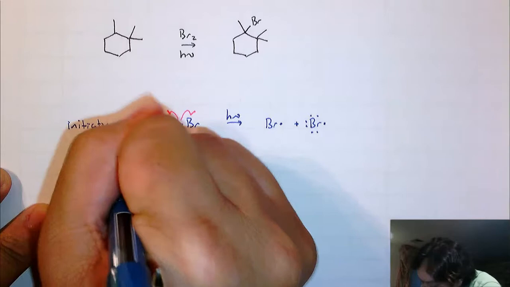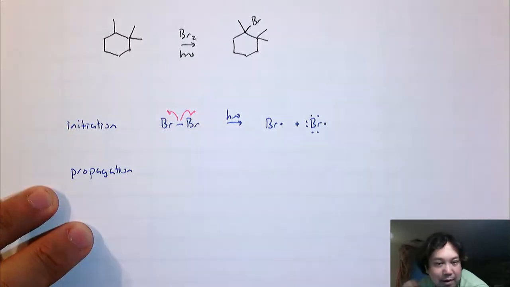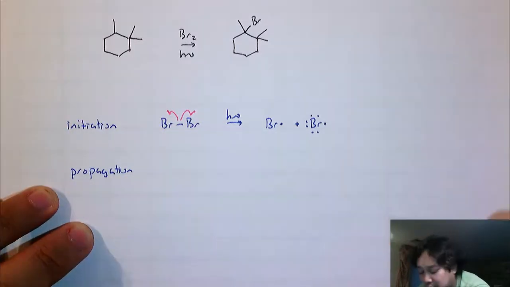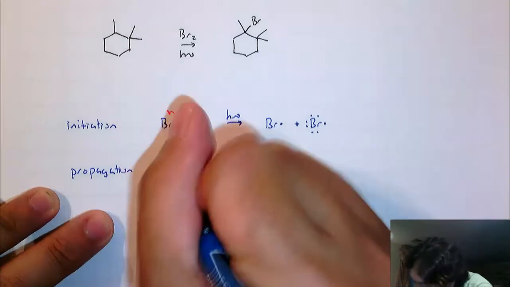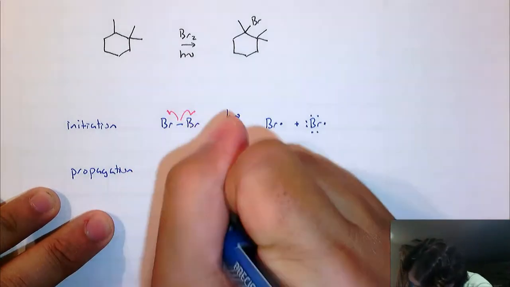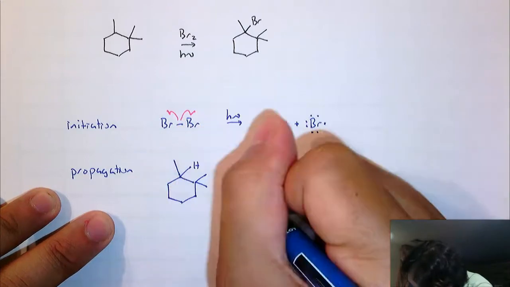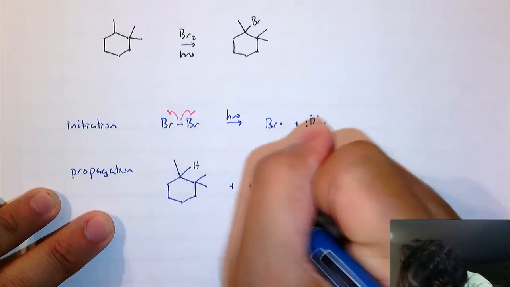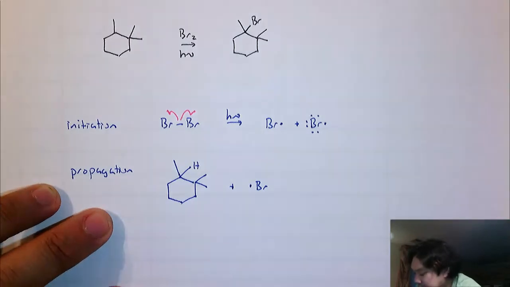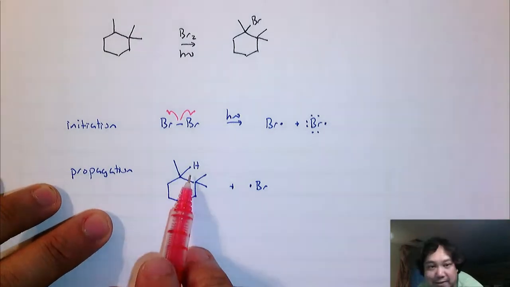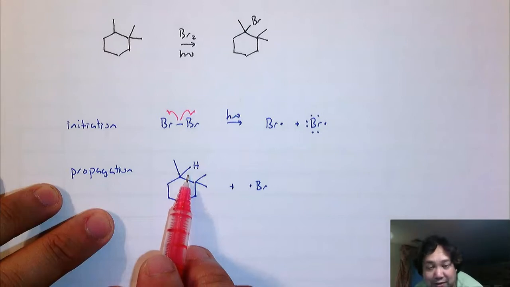Propagation. In propagation, you have to remember one radical, one non-radical. So here's my non-radical, the alkane. Here's my radical, the bromine. Did you see what I did? I have to show explicitly the hydrogen abstracting, or removing.